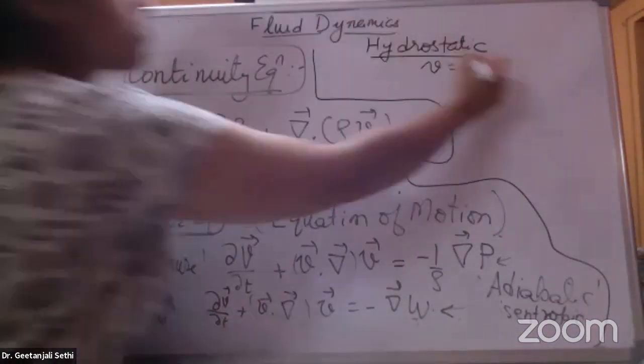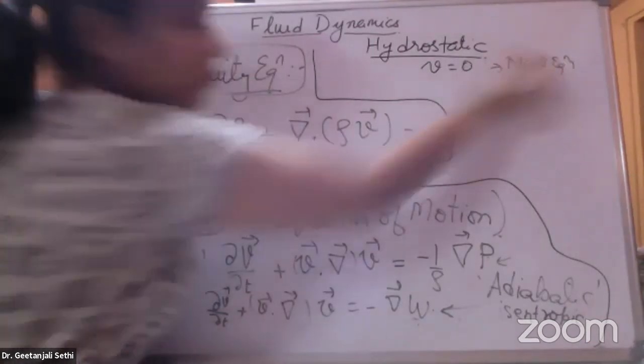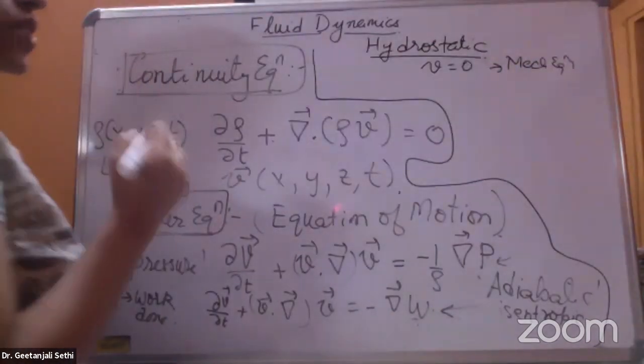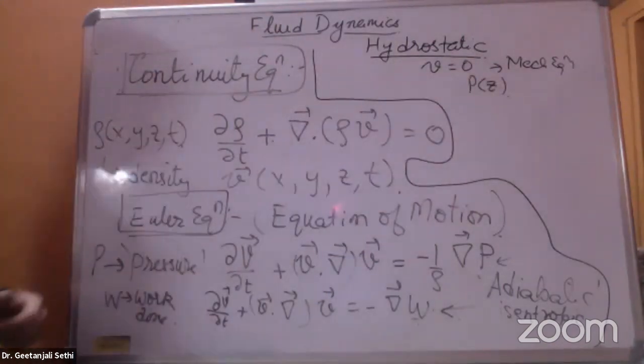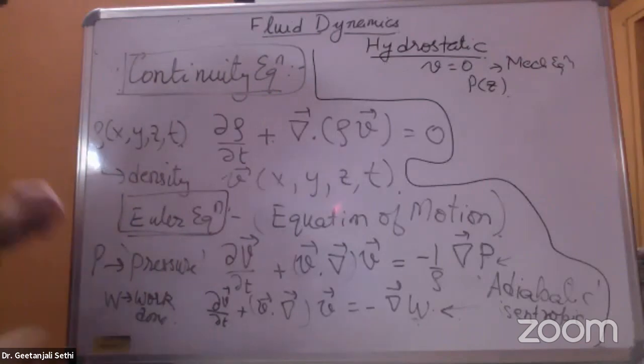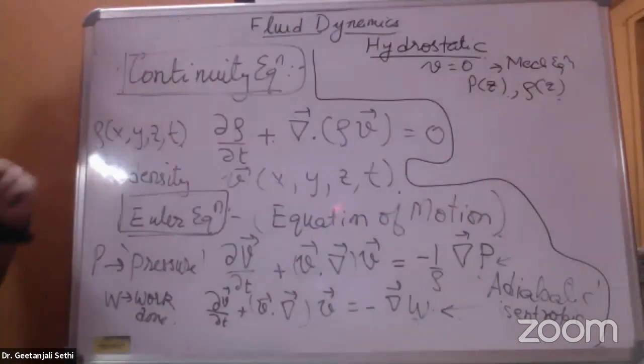Right? That means the system is in mechanical equilibrium, right? And for such a system, we saw that pressure is only a function of Z, and so is the density.